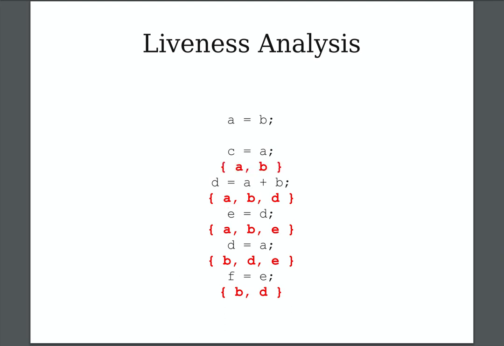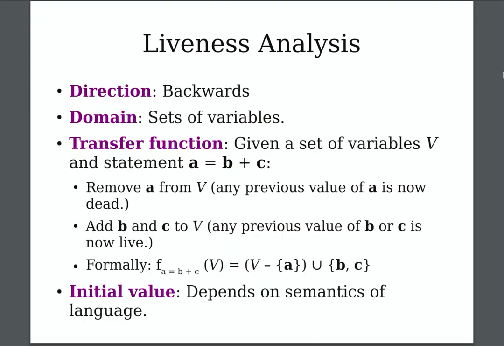And we continue our live variable analysis as we did before, removing D because it's being assigned. A and B are already part of our live variable set, so nothing changes. And finally, we get the result that B is the only live variable coming into this basic block.